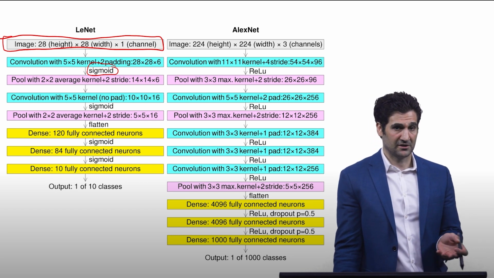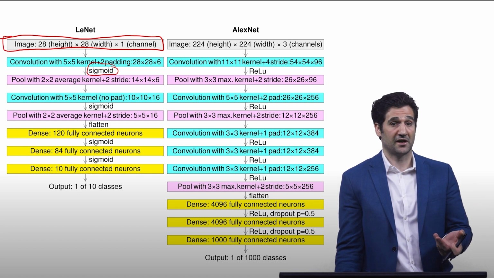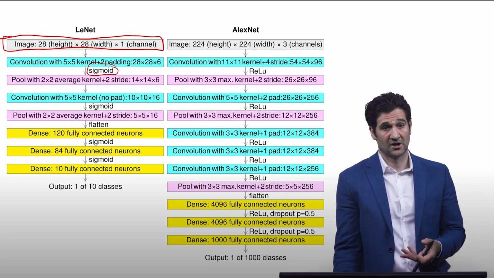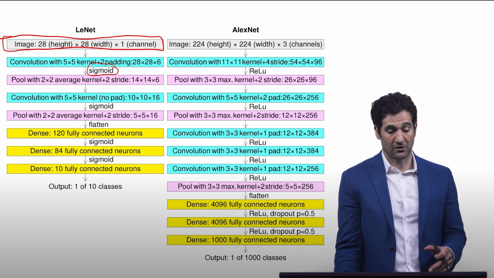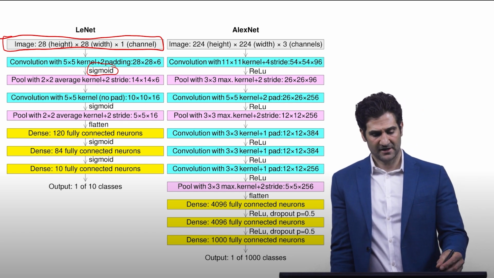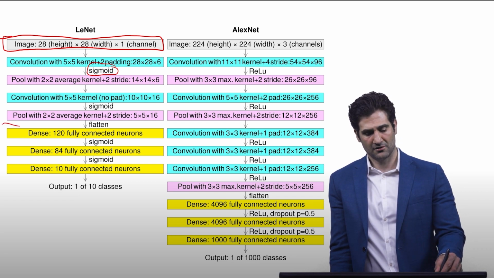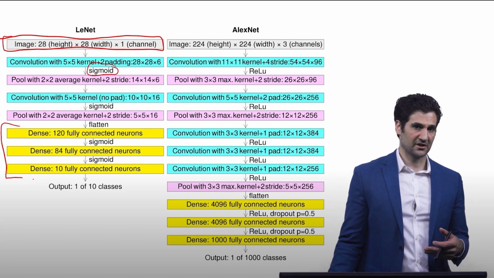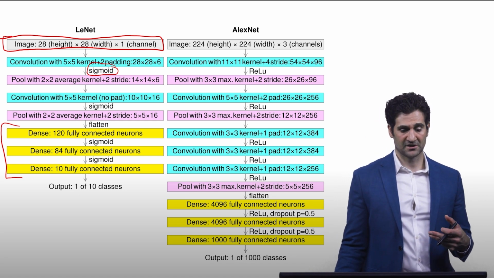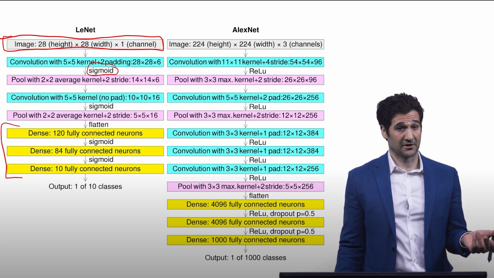Then they do another convolution layer, and you could think of this as extracting higher level features of the image. And then they pool that. And then after that second layer of pooling, they go into a couple of dense layers before the output. You could think of these final dense layers as further analyzing the features that have been extracted.